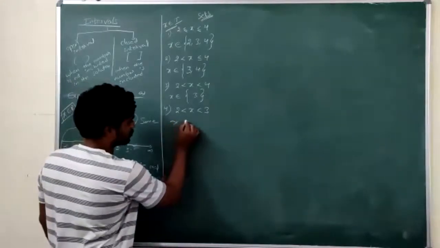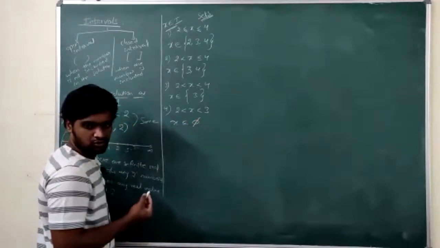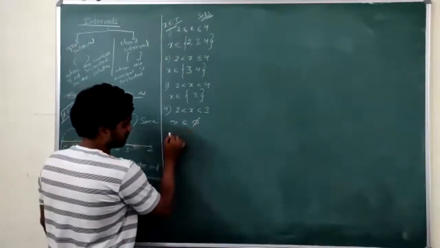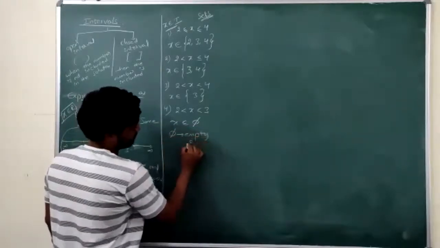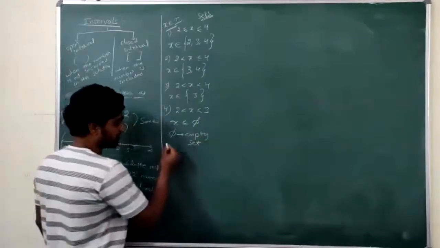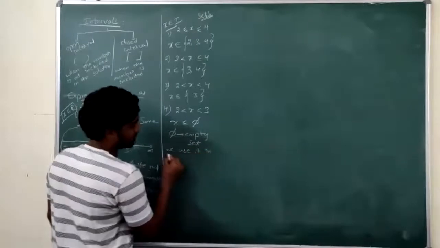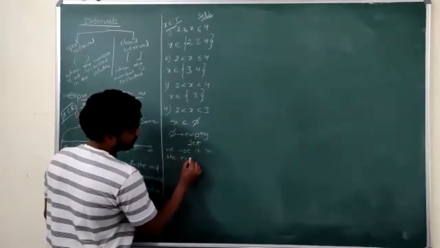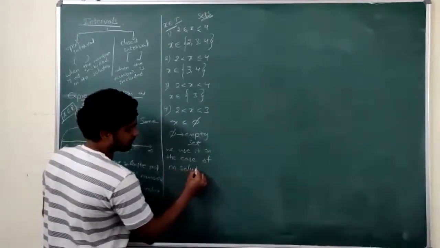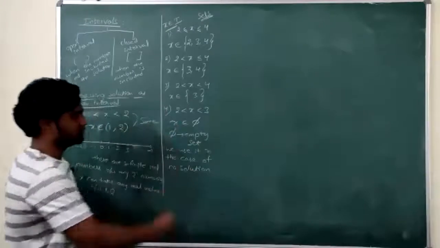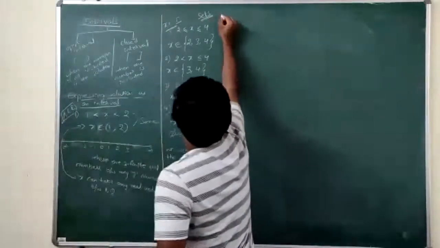So x belongs to the empty set. What is φ? It represents the empty set. When do you use that? We use it in the case of no solution. Okay, x belongs to φ. Understood?